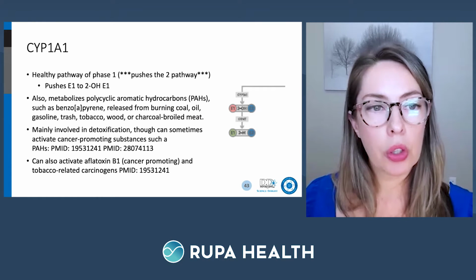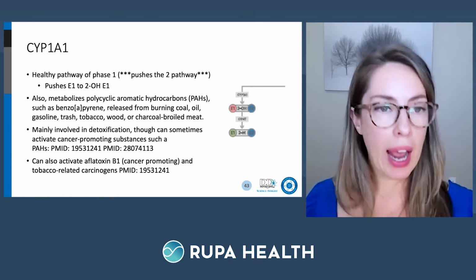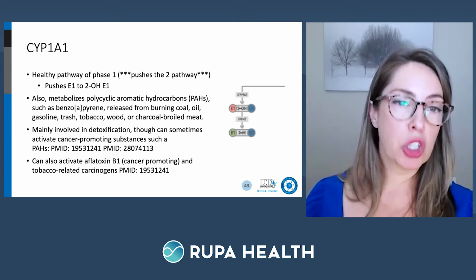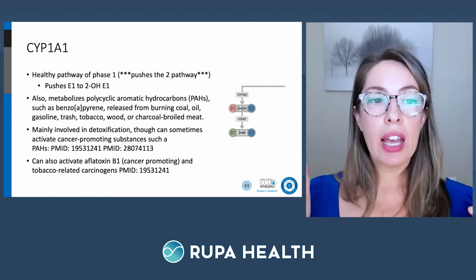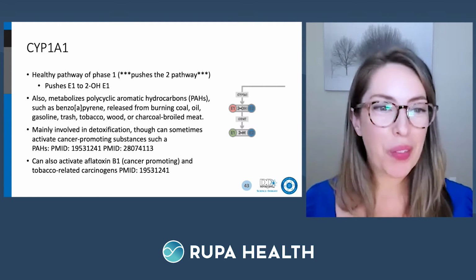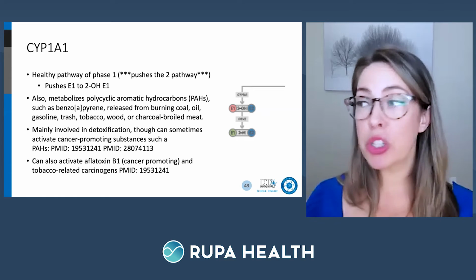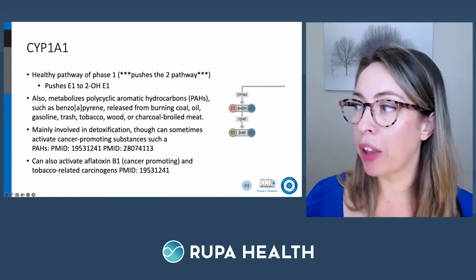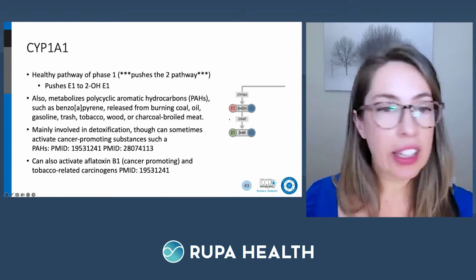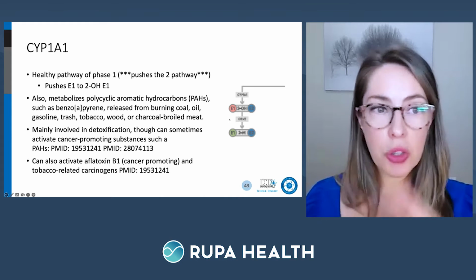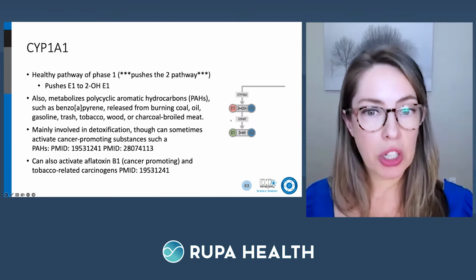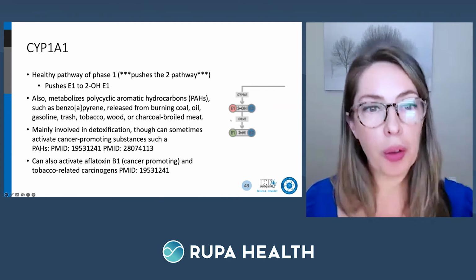And so, the CYP1A1 enzyme is the one that pushes the 2 pathway. So we usually always want this, okay? But we do have to remember, even in the safer pathway, it can get stuck here. And if it's not methylated, you still have reactive oxygen species happening. So this isn't all perfect.